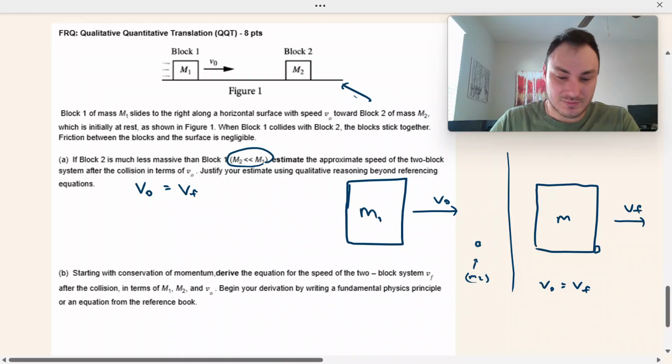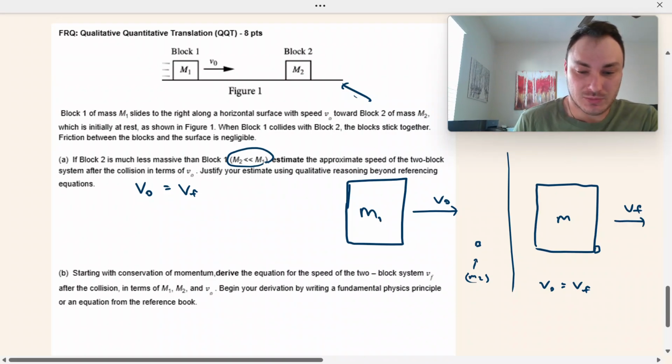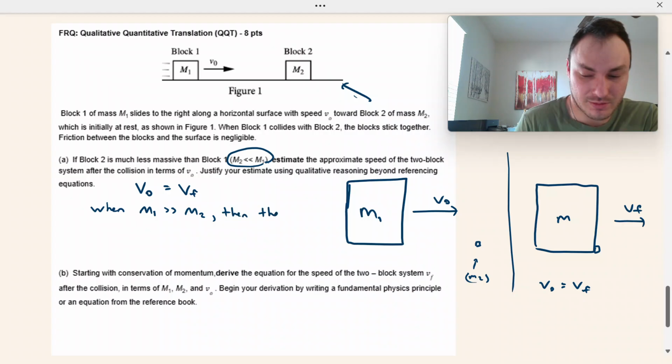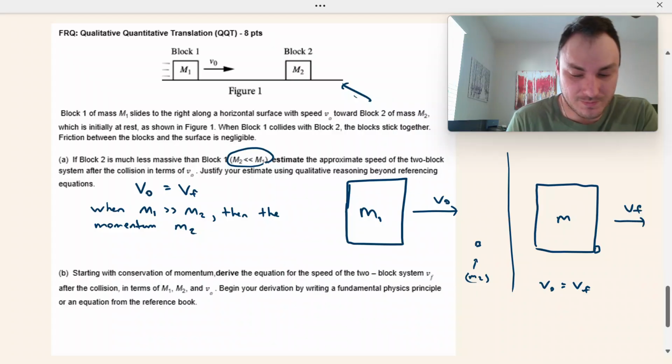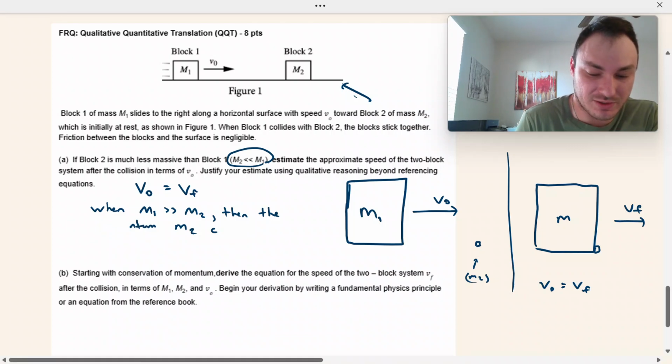If V initial equals V final, when M1 is way, way bigger than M2, then the momentum, or I'll say when the impulse M2 causes on M1 is negligible.